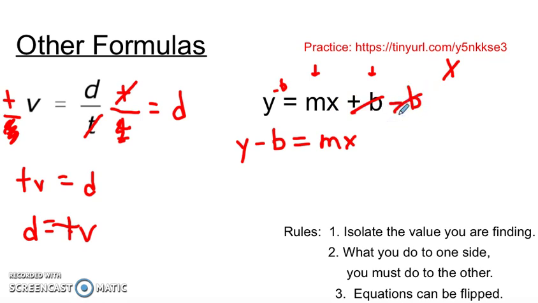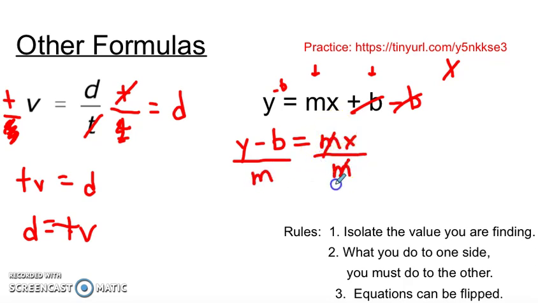Does that make sense? So now you have to get rid of the m, because we are solving for x. So do you remember how you get rid of the m? You divide by m. Because it's multiplication here, you divide by it. And remember, what you do to one side, you must do to the other. So I'm going to divide this side by m also.